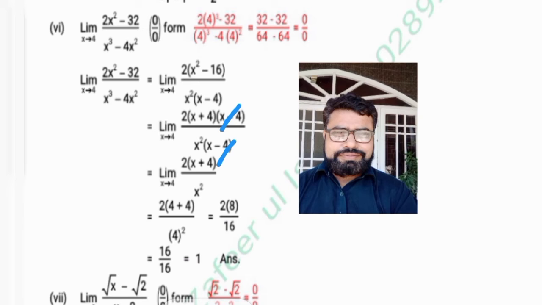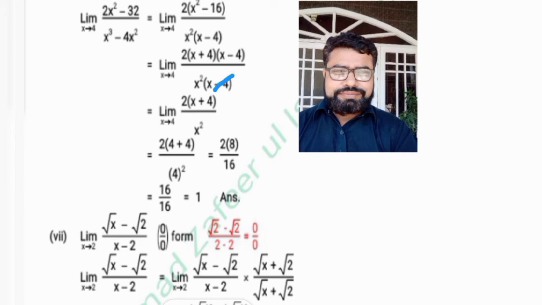After cancellation we have 2 into x plus 4 divided by x square. Now after cancellation, as I've told before, 0 by 0 form will be removed. Now we will put the value of x, that is 4. As there is 2, we will write 2 inside the bracket. There is x plus 4, the value of x is 4, so we will write 4 plus 4, and in the denominator there is x square and the value of x is 4, so we will write 4 square.